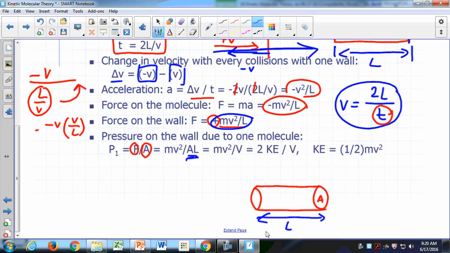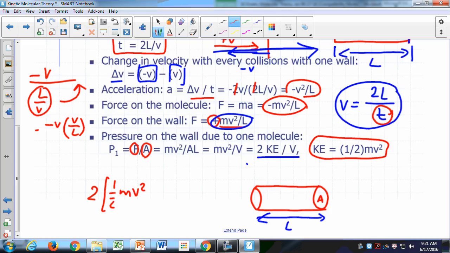Area times length is just the volume of your container. And so you can rewrite this. You can say that's basically equal to 2 times the kinetic energy divided by the volume. Why is that? Kinetic energy is defined to be 1/2 mv squared. So 2 times 1/2 mv squared divided by V. The 2 cancels out, so you can see that's where your mv squared is.